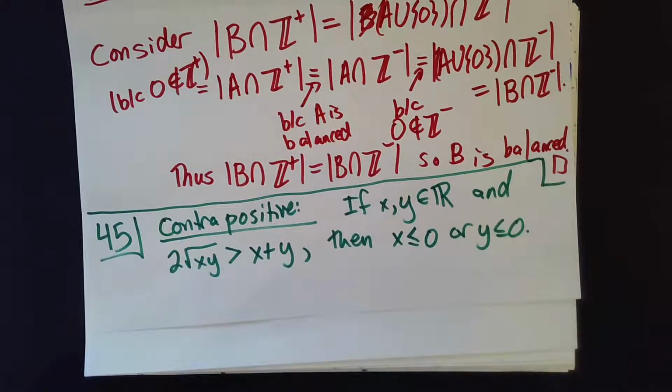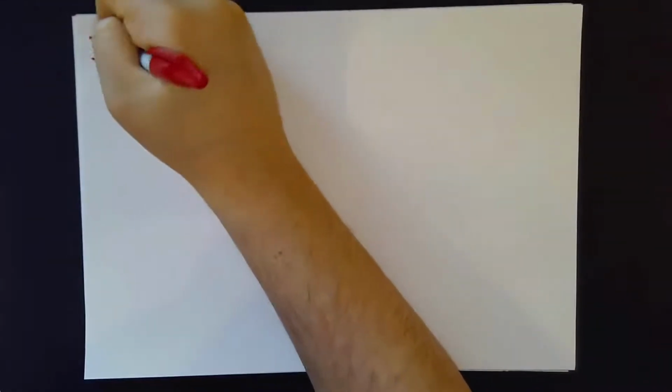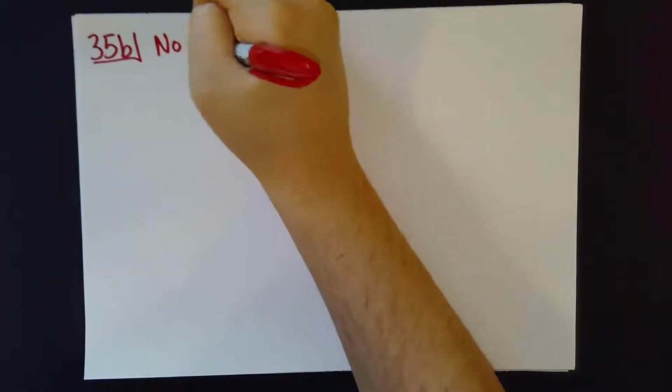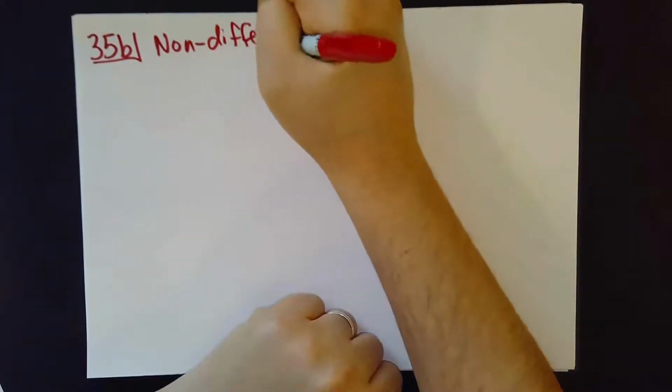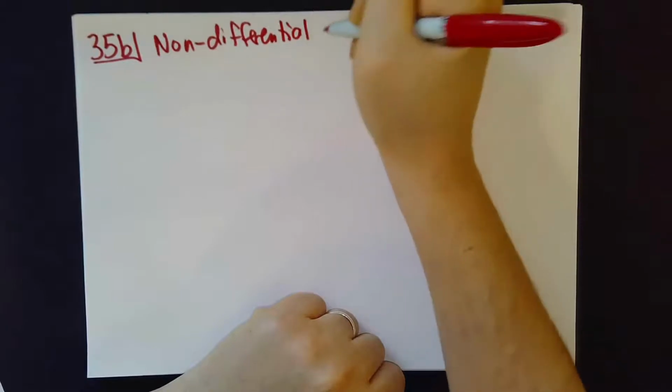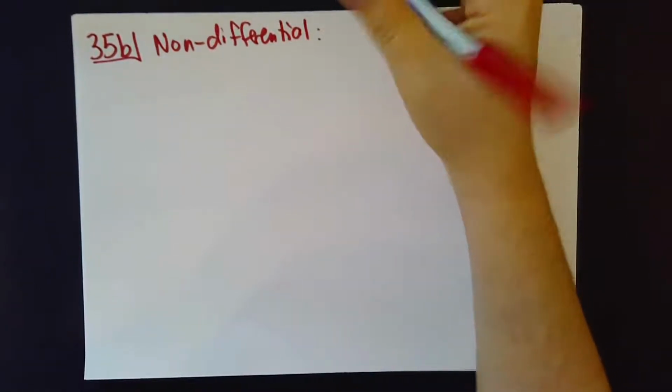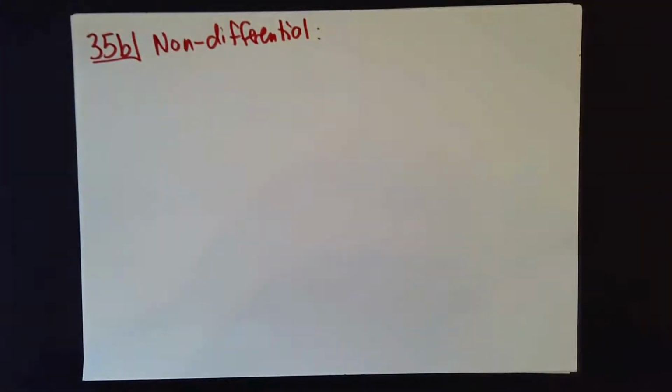35B. Yes. Let's see, so here 35B is going back to this question about non-differential. A subset of the positive integers, or just of the integers?